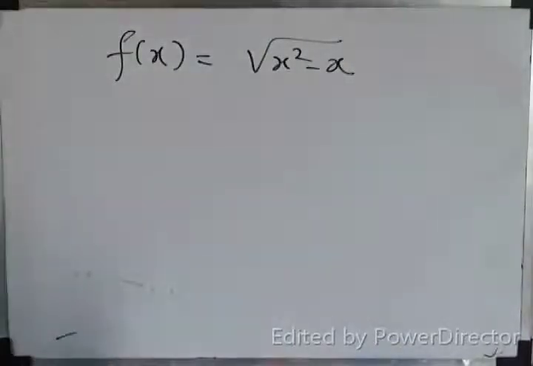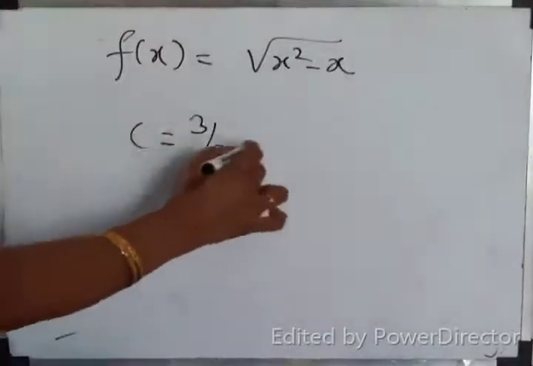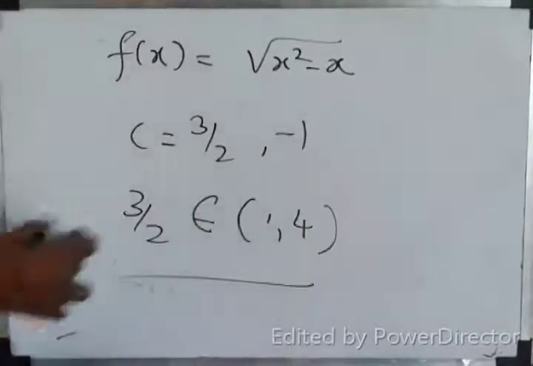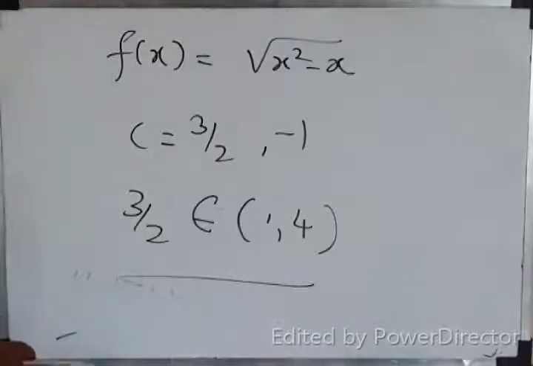Whether I finished or not, I don't know. Yeah, we finished, right? Actually, c equal to 3 by 2 or minus 1, where 3 by 2 belongs to the interval (1, 4). Yes, we did it. So hence Lagrange's mean value theorem is verified. Otherwise, suppose if I hadn't finished the problem, no problem, children. Once again, you try, you will get it.